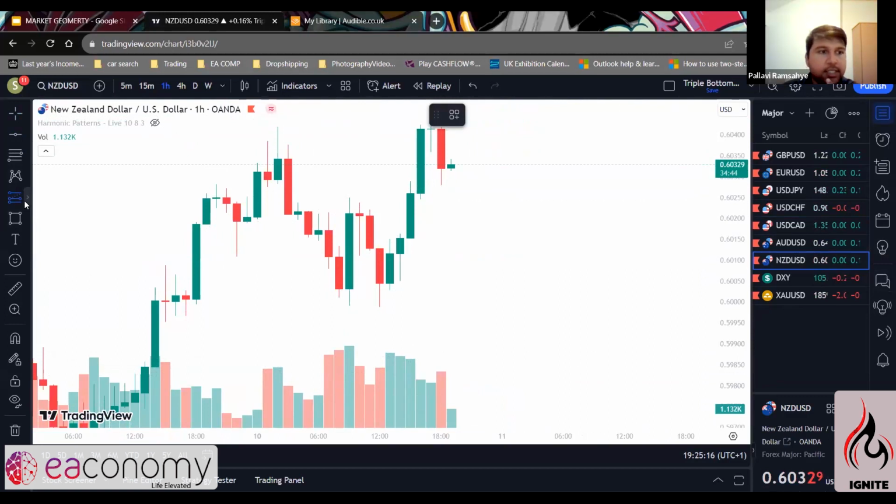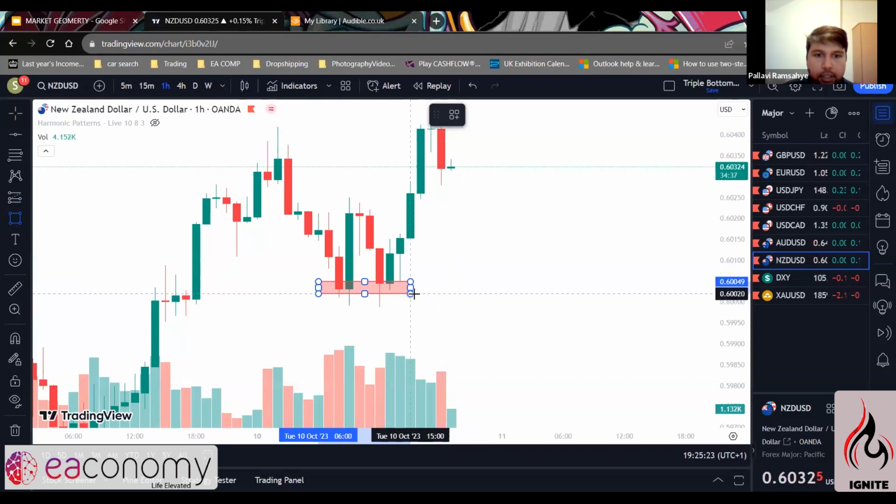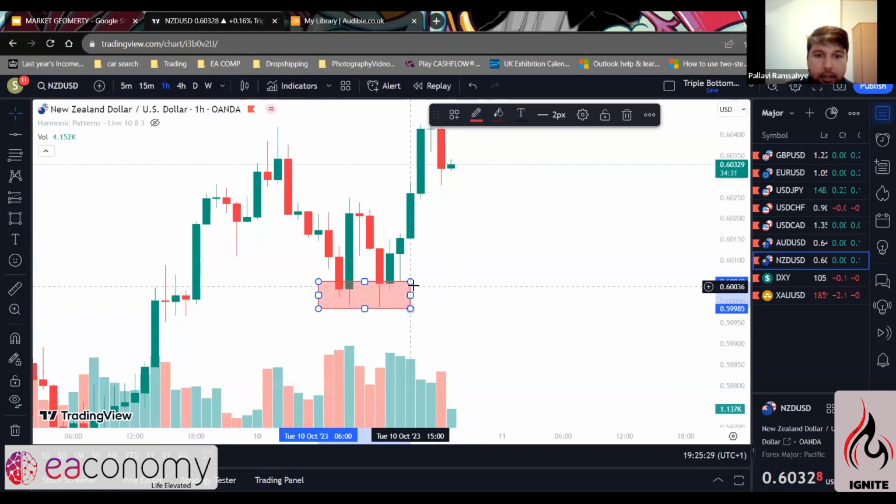So we're on NZD USD now. Although this support zone, the price action, they're a lot closer. So if I bring that down to the wicks like that, let's make that green for support.